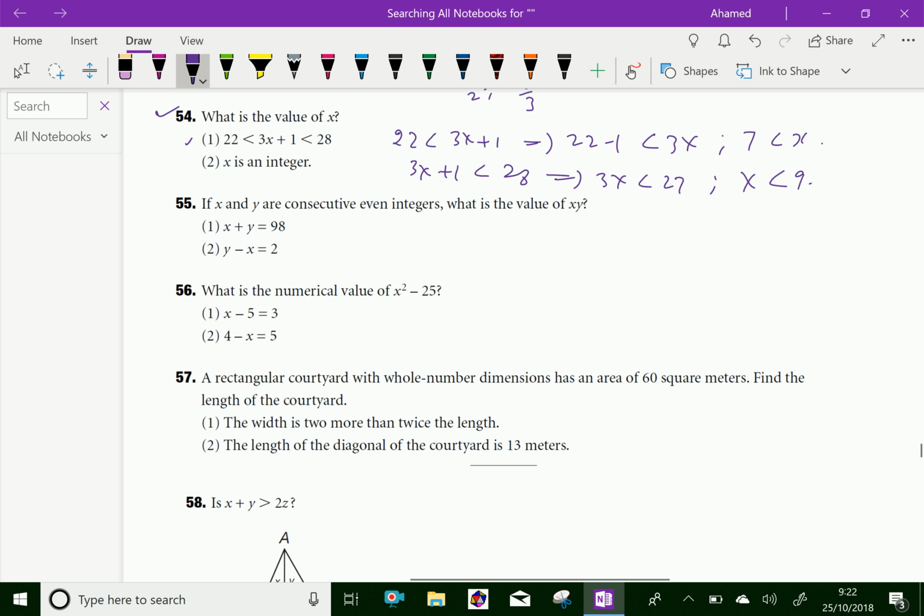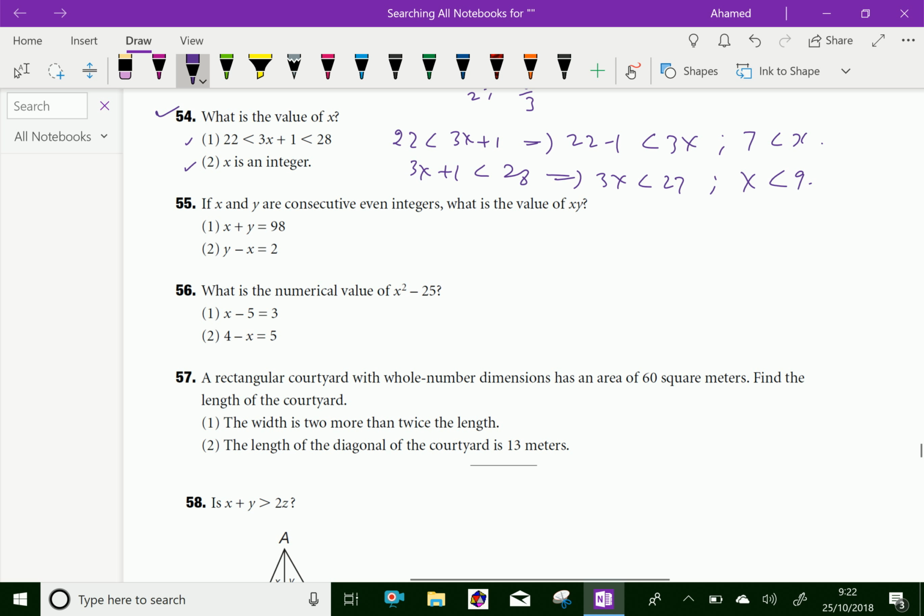What about statement 2? x is an integer. Here, statement 1 says x is greater than 7 and x is less than 9, which means even 7.5, 7.9, 8.5 are also included in this statement. Between 7 and 9 we can have a lot of numbers, but statement 2 says x is an integer.